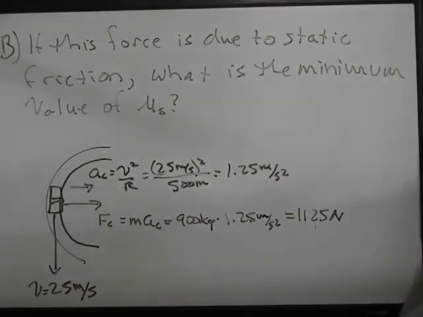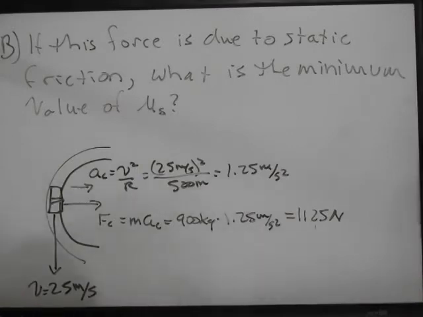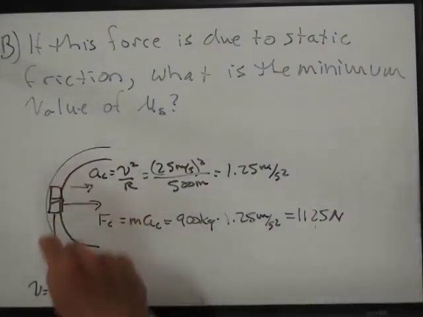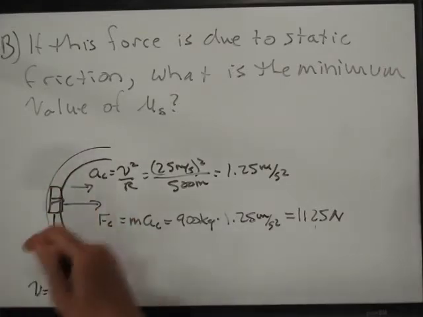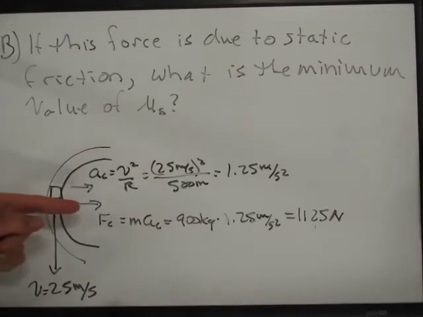So the question is, if the force that we're talking about there is due to static friction, which it is. Remember when I said if it's slippery, what would the car do? If it's slippery, the force can't work. And so it's friction that's causing the car to go around the curve.